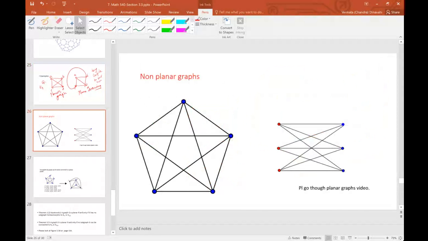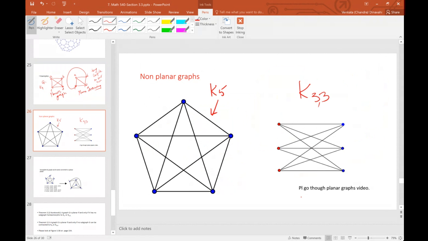A typical example of the two non-planar graphs, one is going to be K5. This is a complete graph on 5 vertices. You try this. Because these edges are crossing each other, at least you will mess up in one place. The other is called K3,3. You can try this.